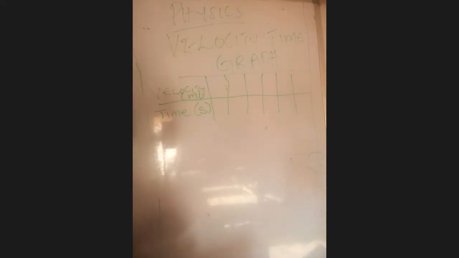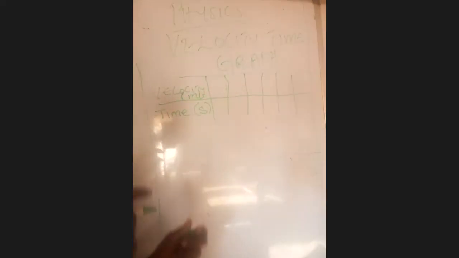Today we are dealing with a velocity time graph. Let us suppose that an object traveling along a straight path has the following velocity for the first 12 seconds of its motion.